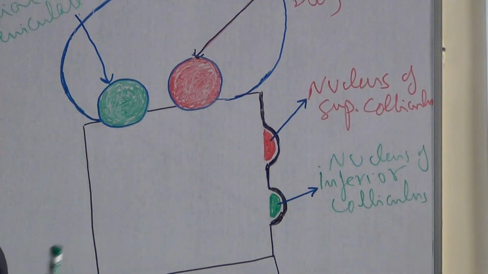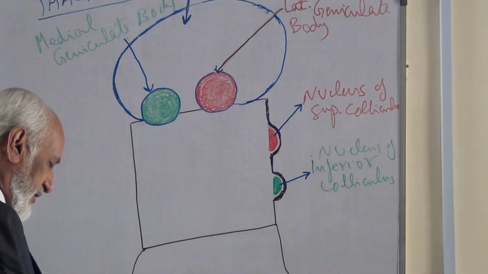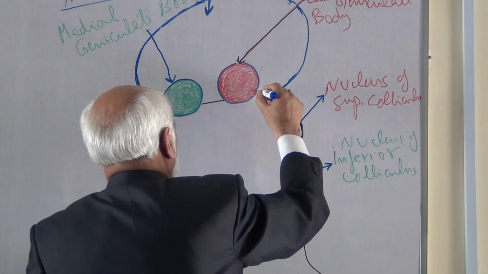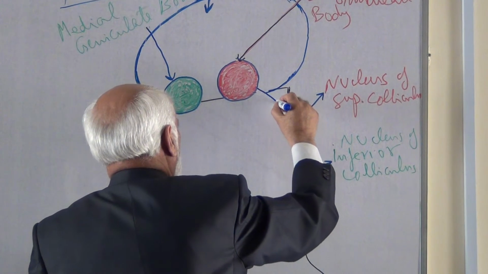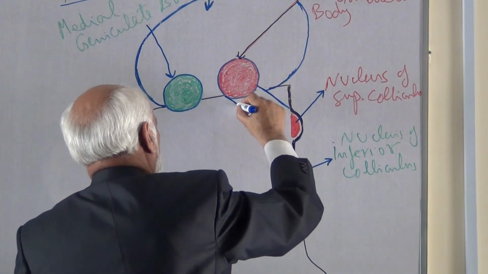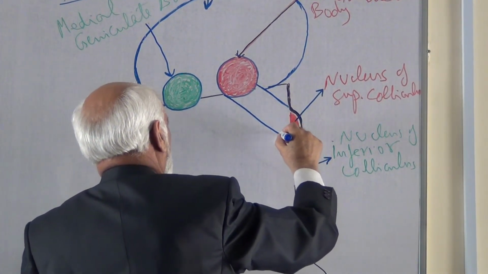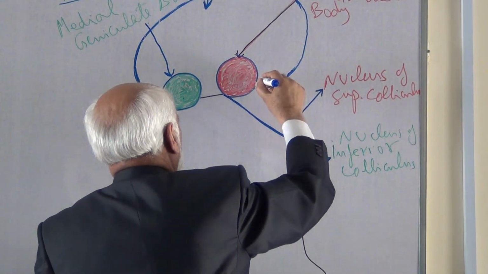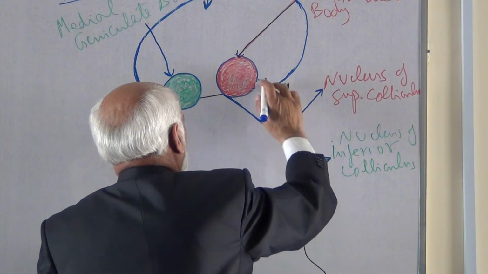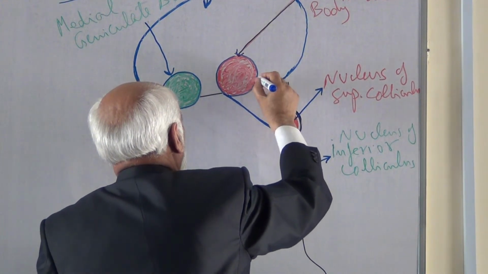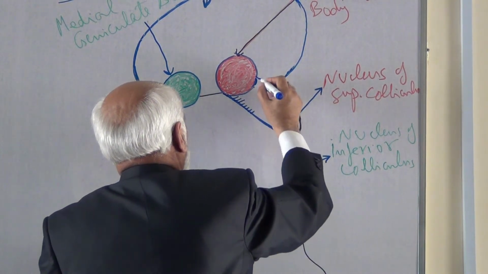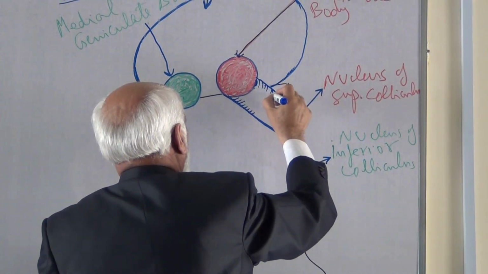Now, on the upper part of the lateral surface of the midbrain, there is an elevation which extends from the superior colliculus to the medial geniculate body. This is known as the brachium of the superior colliculus.